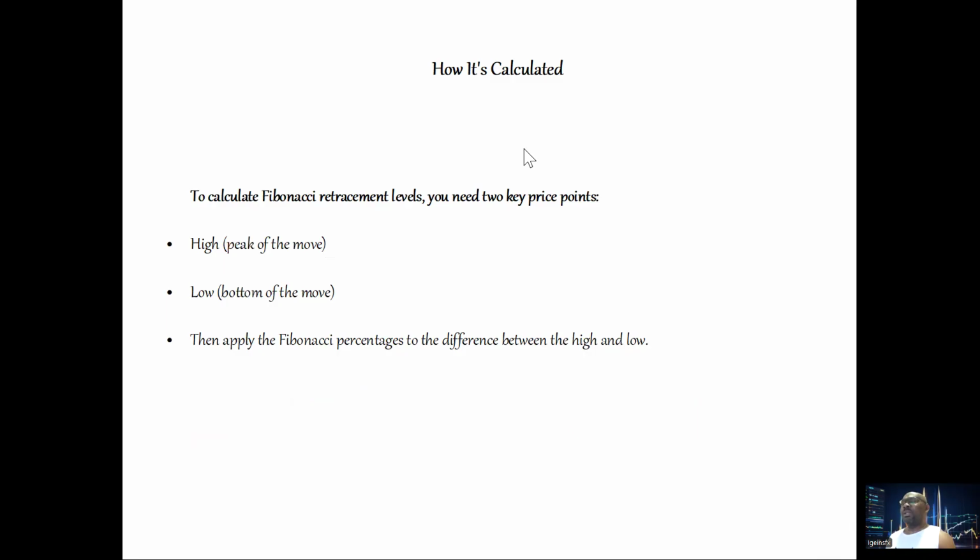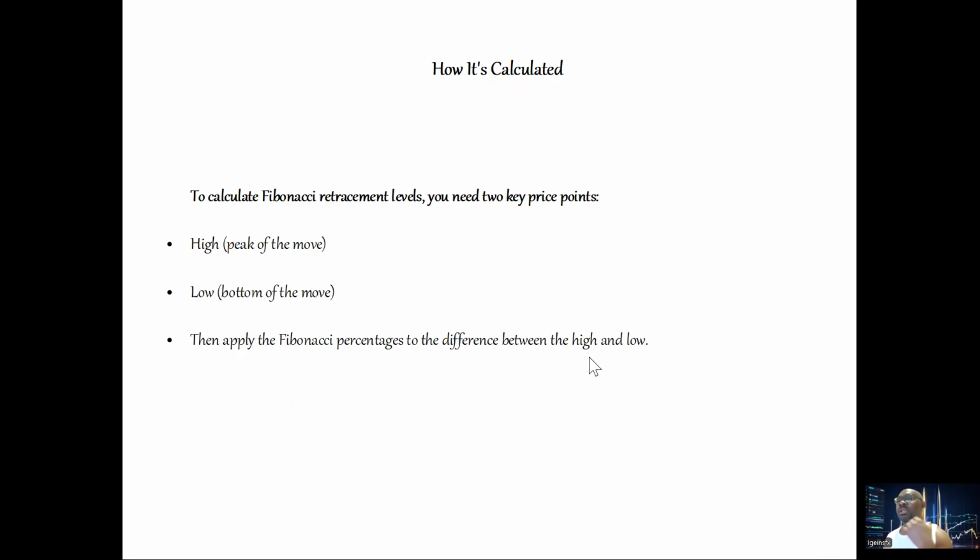How is Fibonacci retracement calculated? To calculate Fibonacci retracement levels, you need two key price points. I've already said it: the high, that is the peak of the move, then the low, the bottom of the move, where the move started from. Then you apply the Fibonacci percentages to the difference between the high and the low.